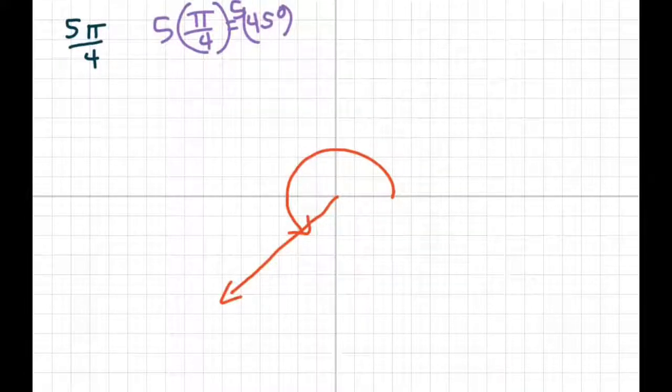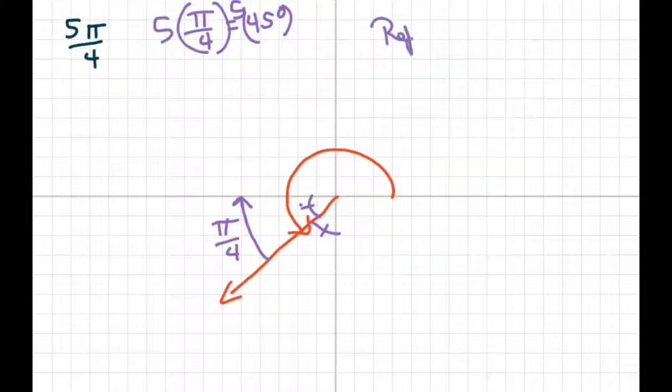To get your reference angle, you draw up to the x-axis, and that's going to be pi over 4, because this was 45 degrees. This is 45. This is 45. So this is pi over 4. That means your reference angle equals pi over 4.